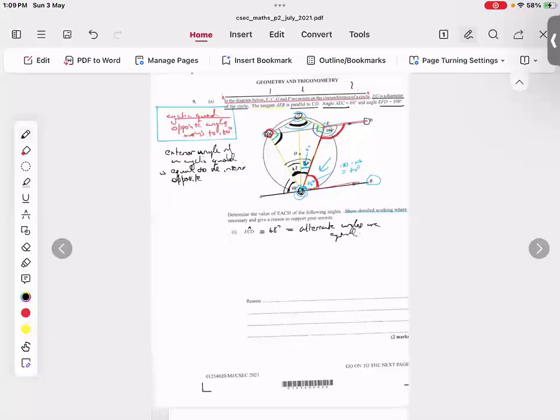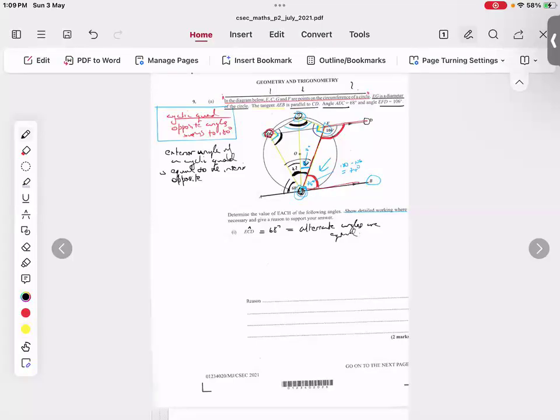The opposite angle of the interior would add up to 180. So I would take the interior angle that is opposite the exterior.